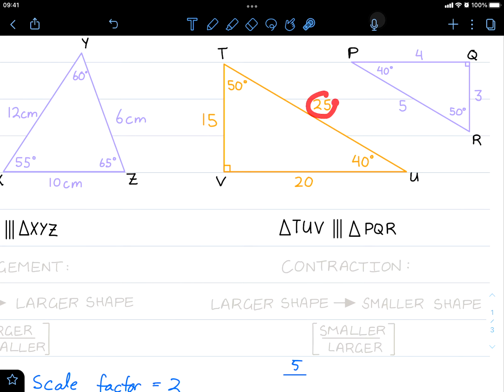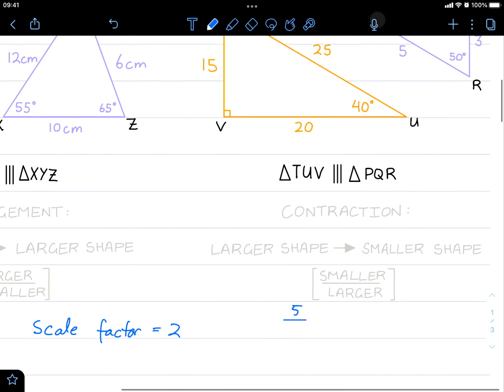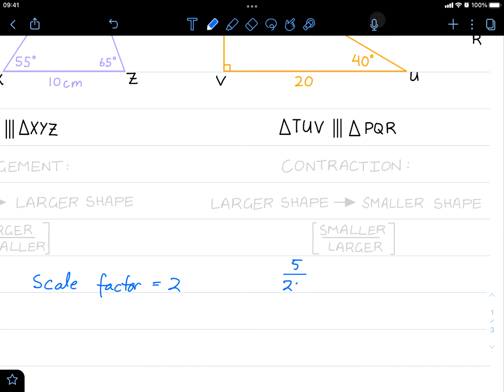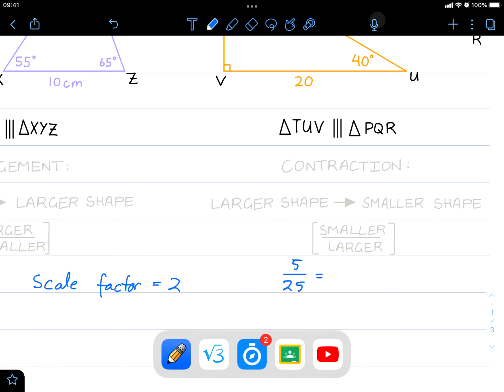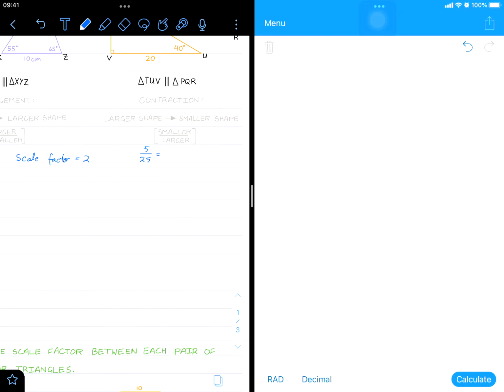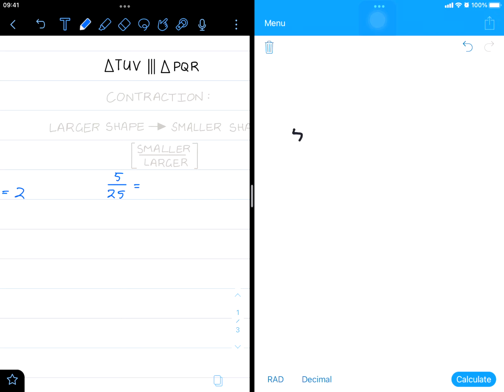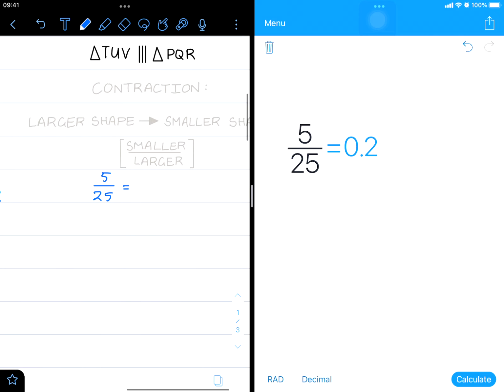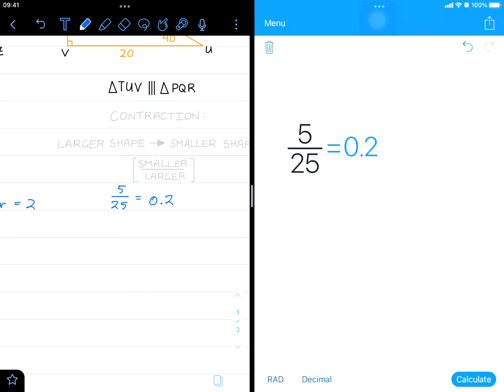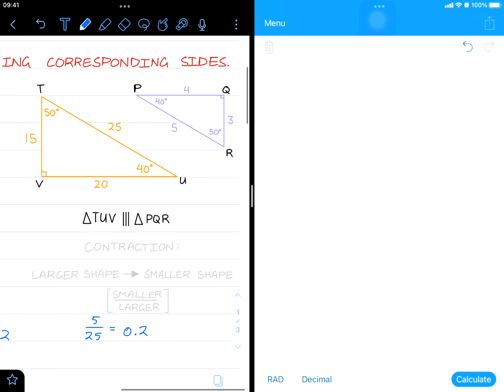In this case, 25 is opposite the 90 degrees. So 5 over 25. You can use your calculator and check. 5 over 25 is 0.2. So this is a contraction by 0.2.